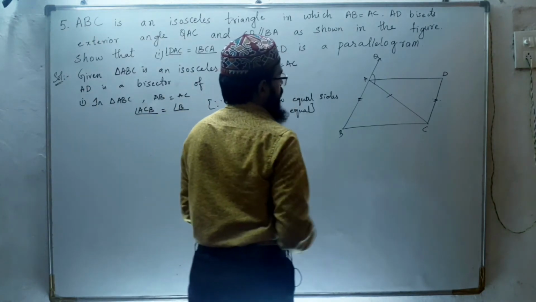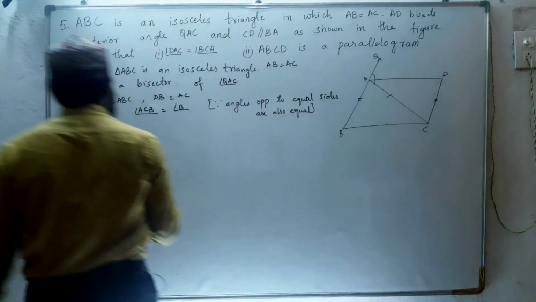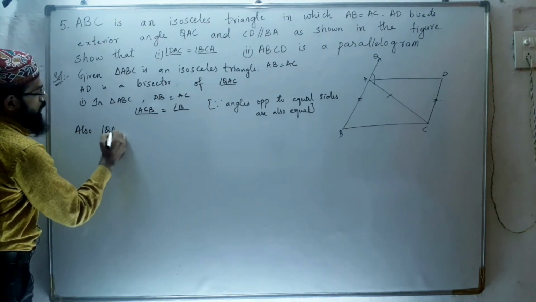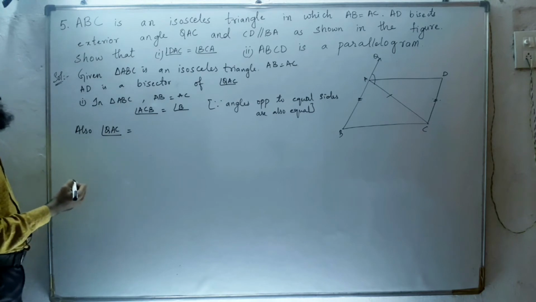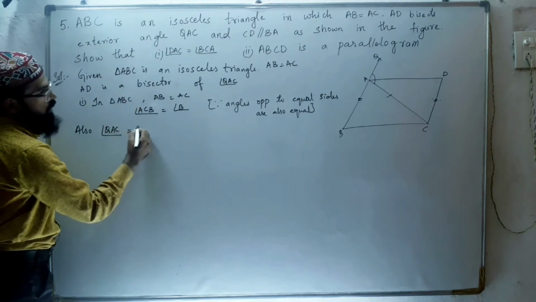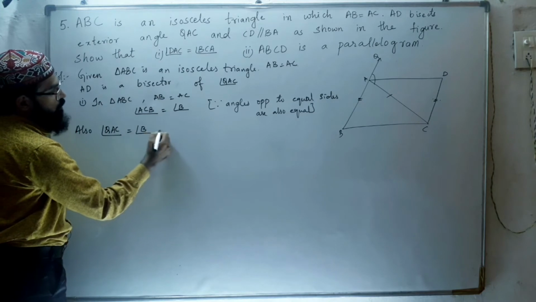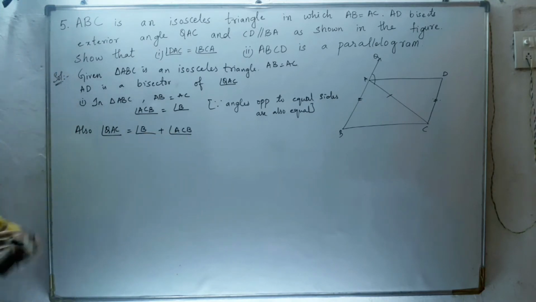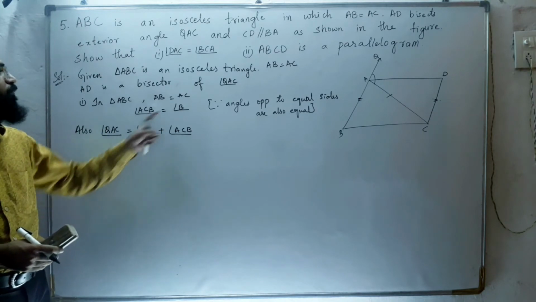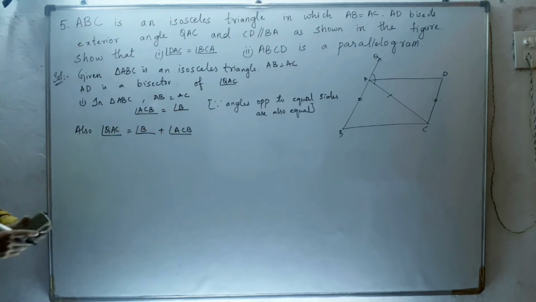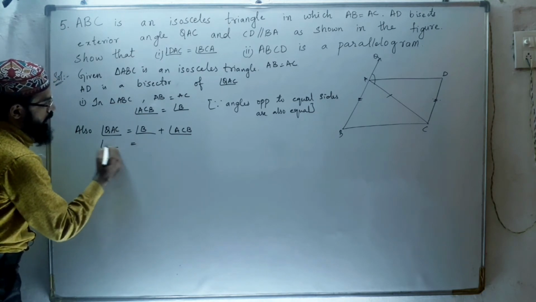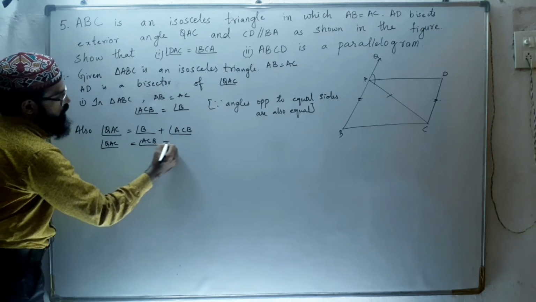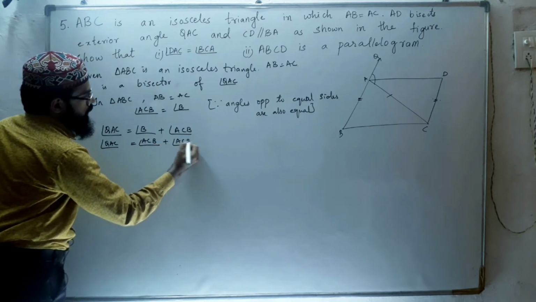Here the exterior angle is QAC. So angle QAC is equal to angle B plus angle ACB. But we know the value of B. What is the value of B? It is ACB. So we can write angle QAC is equal to angle ACB plus angle ACB.